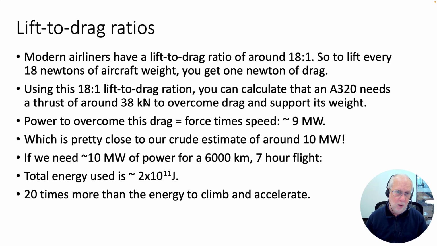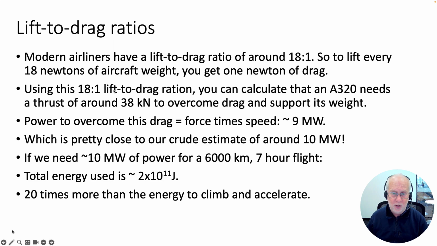Now another way to calculate this is to use a lift to drag ratio. This is the ratio for a plane flying. There'll be a certain amount of lift that keeps it in the air, but a certain amount of drag that's just trying to slow it down. And it turns out that for modern airliners, the lift to drag ratio is about 18 to 1. So to lift every 18 newtons of aircraft weight, you need 1 newton of drag force.